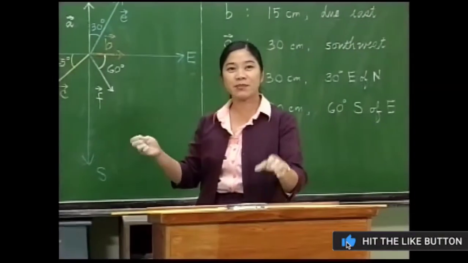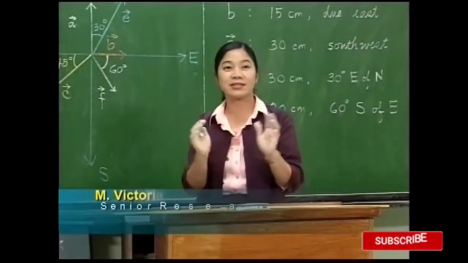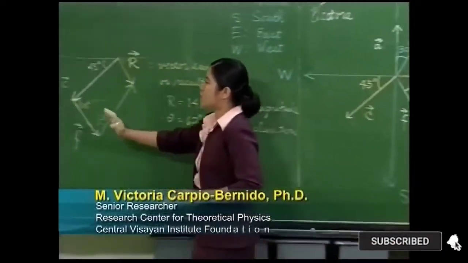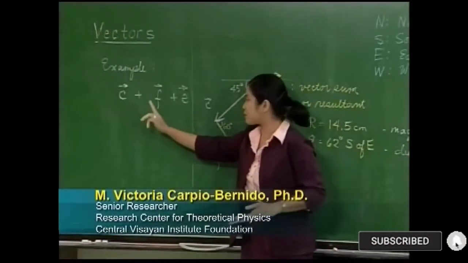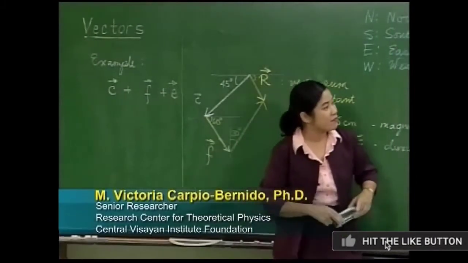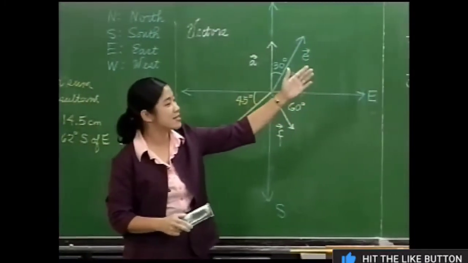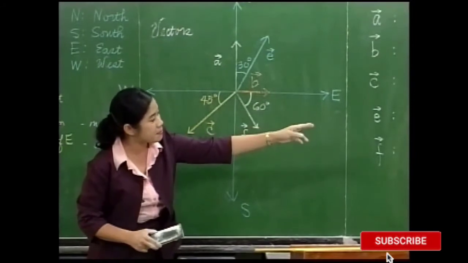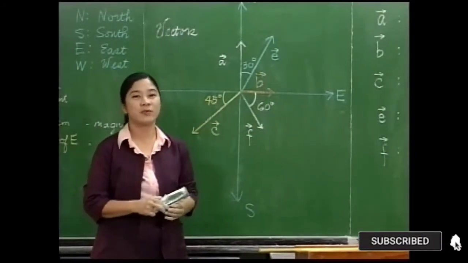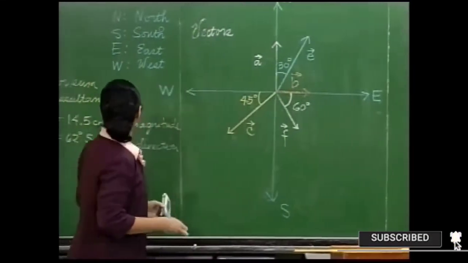So far, we have talked about combination of vectors in such a way that we add them, addition of vectors. So, vector C plus vector F plus vector E. Or you have vector A plus vector B. You add two vectors. Now, how do we subtract vectors?